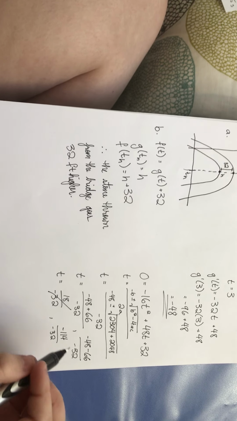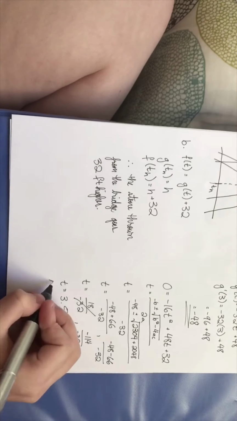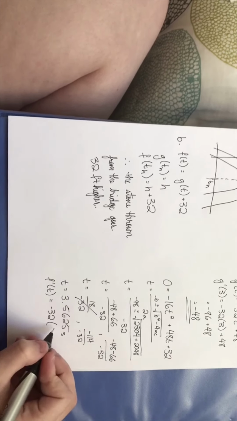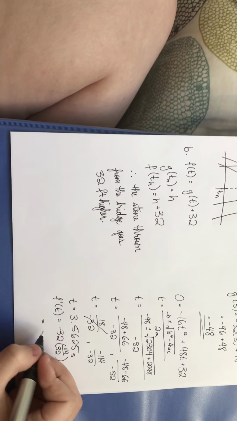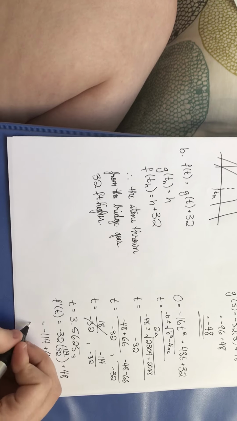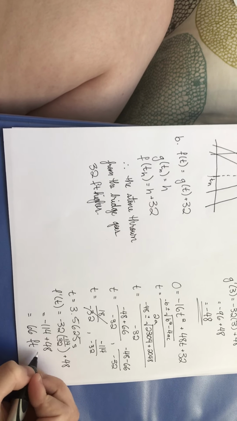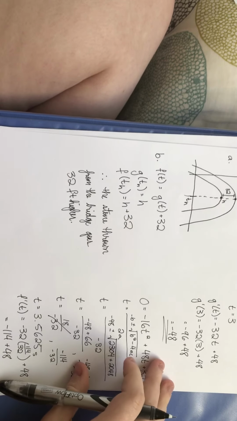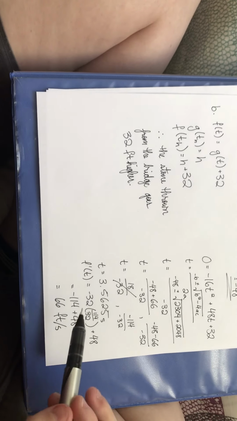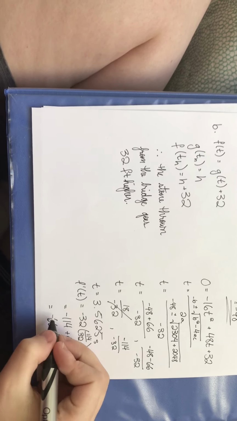So this will be our actual time. And I'm going to get that the final velocity of the stone thrown from the bridge is 66 feet per second in the downward direction.